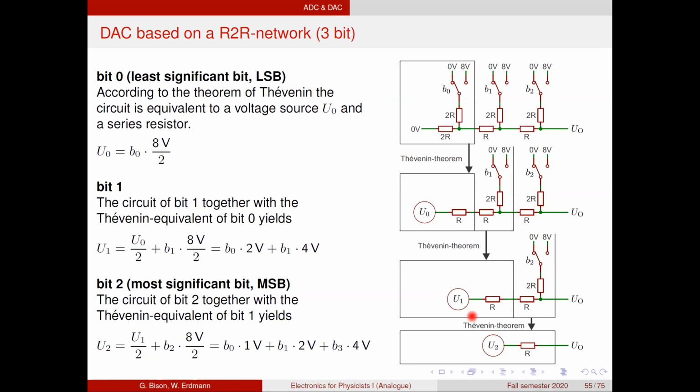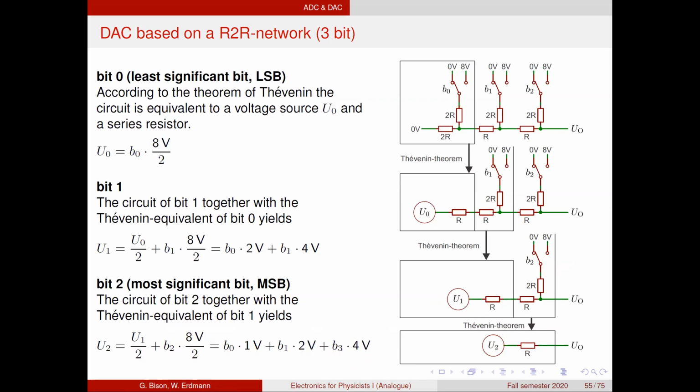And plus, of course, if this is 0 and this is enabled, we get one more copy of 8 volts divided by 2. So in the end, we get bit 0 times 1 volt plus bit 1 times 2 volts plus bit 3 times 4 volts. Exactly what we want in order to generate a voltage according to our binary values.